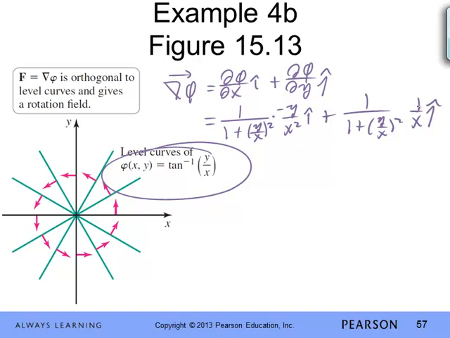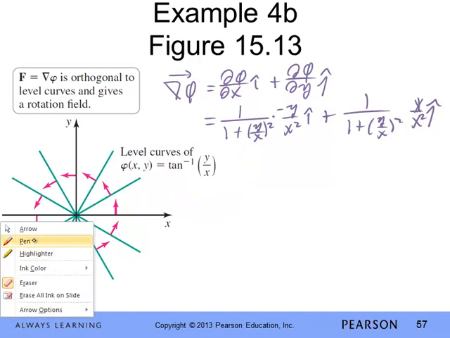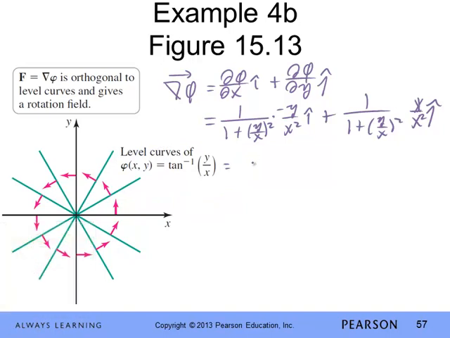Now, to make it simple, simplifying each term, we have negative y over x squared plus y squared, i hat, plus x over x squared plus y squared, j hat.